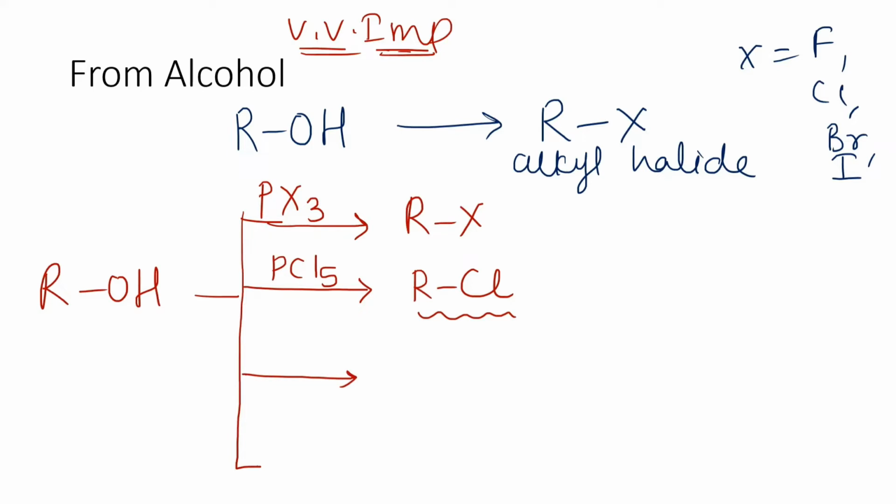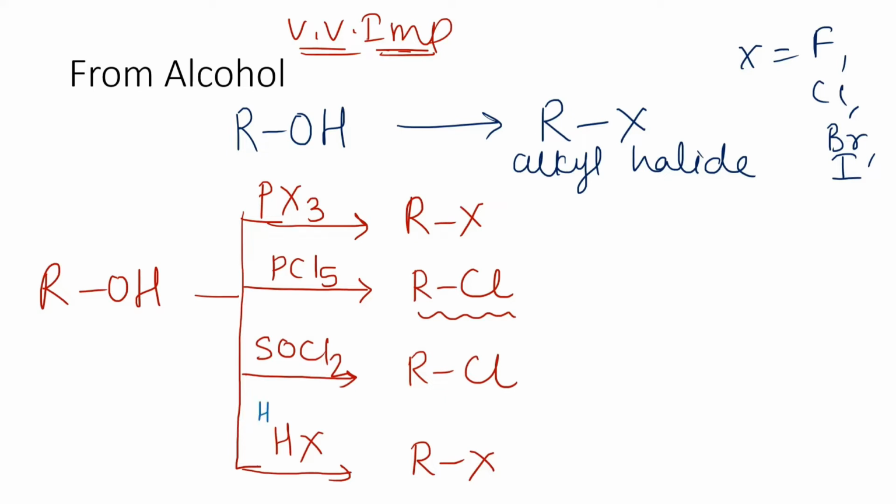Next, very important again, is SOCl2, which is nothing but thionyl chloride. Again, very specific, alkyl halide can be prepared here. Then we have HX, hydrogen halide, which will give the alkyl halide. So again here, HX means what? I can use HCl, HBr and HI also. Let us understand each method quickly.